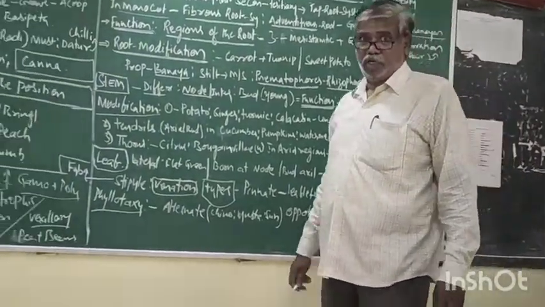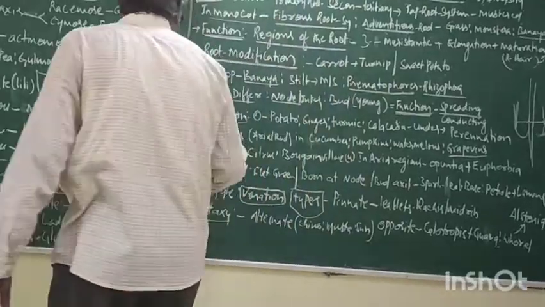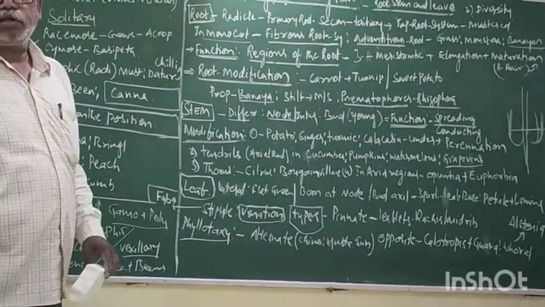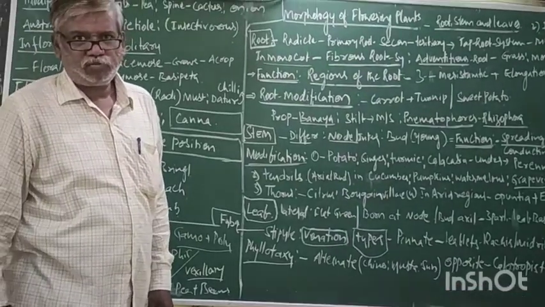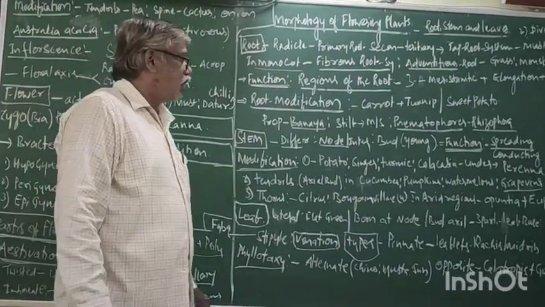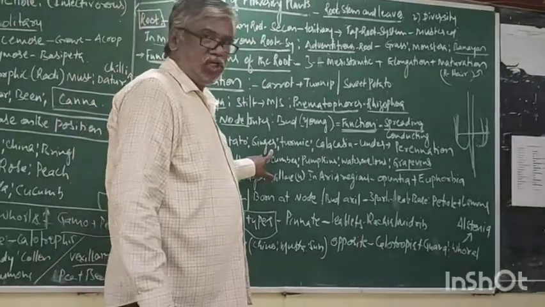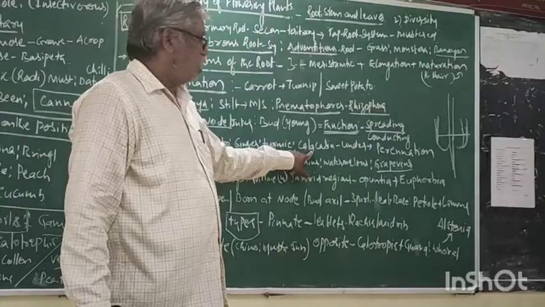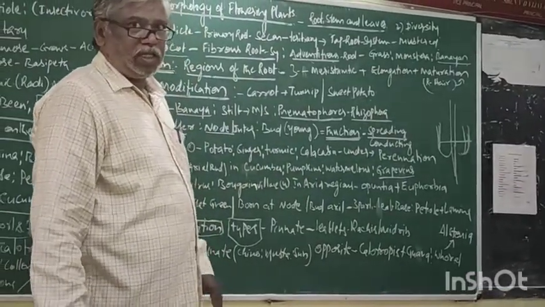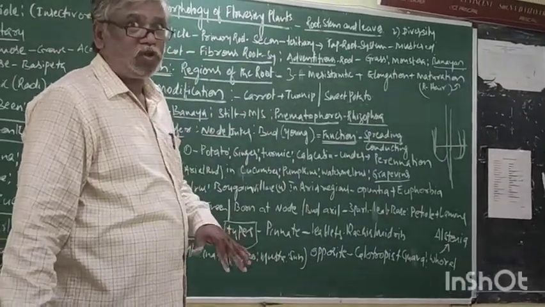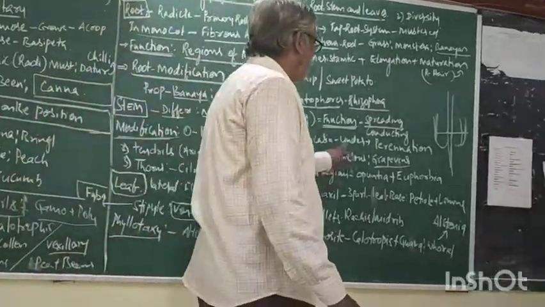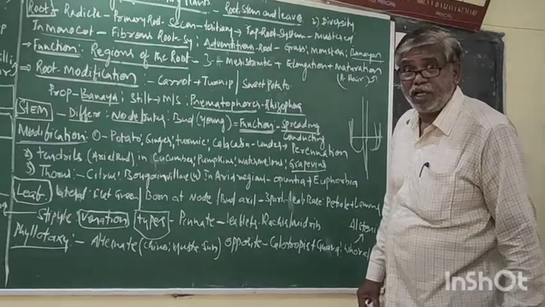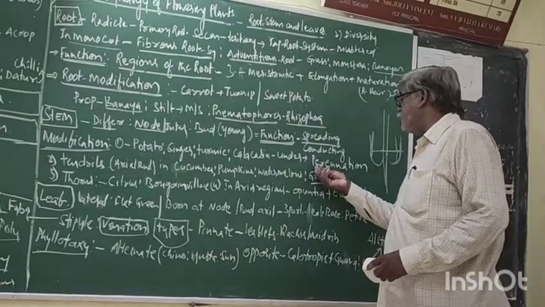Modification. Now, why is the stem modified? According to its need. Potato, ginger, turmeric, calabash. In these, the stem is underground, not aerial, for the storage of food material and also helps in perennation.